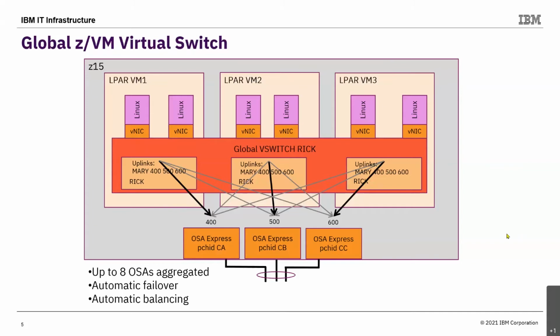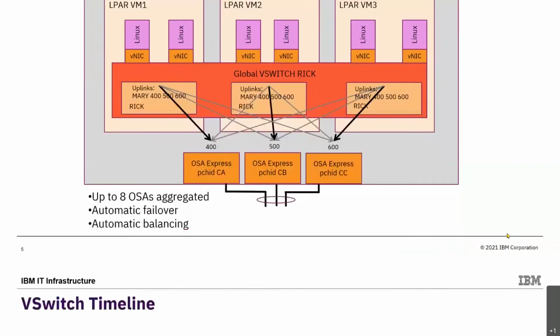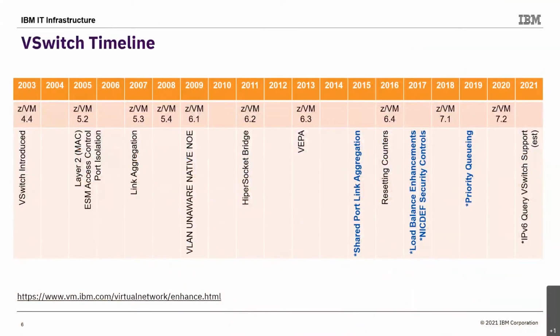Thanks. Okay, so I thought next we'd look a little bit back in time, not all the way back to all our careers, but just from a vSwitch perspective, and pull down a few things here. It was really back in 2003 with z/VM 4.4 that we really introduced the vSwitch.